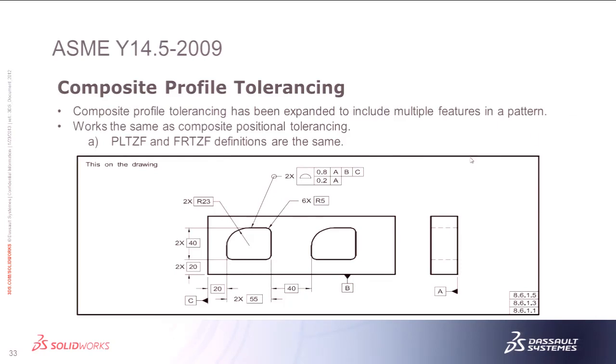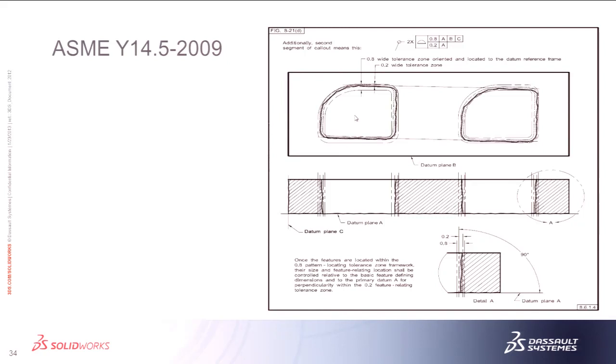So you can see how we've got our basic datums, and then we're going to control it tighter back to the A datum. Again, it's a composite tolerance because there's one symbol for both blocks instead of individual symbols. And this is the definition of what that means. So we've controlled the pattern with a composite tolerance just like we would if we were doing a true position callout.